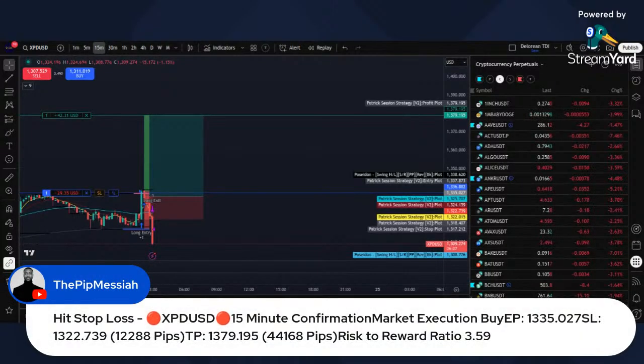There we go. We have a hit stop loss on Palladium versus US dollar. That was our only call of the night. So that being said, we now have no active trades for the evening.